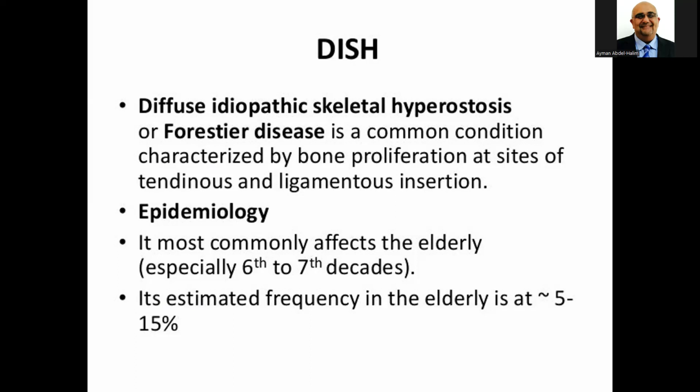It most commonly affects elderly patients, in the 6th or 7th decades, and it's estimated in a frequency of 5 to 15%. It doesn't cause a lot of issues, clinically speaking, but it's a very important radiologic finding. You have to be aware of it because you can confuse it with something else.